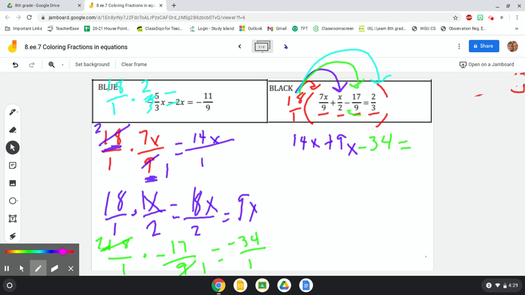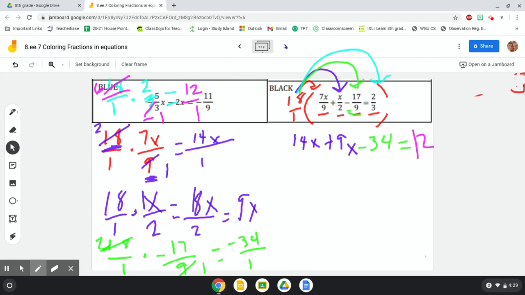So 18 and 3, when I'm looking at these two here, they can both be divided by 3. So that gives me 6 when I divide by 3, and 3 divided by 3 just gives me 1. So now 6 times 2, I can multiply straight across and say that's 12. And then 1 times 1 gives me 1. So I have 12 over 1, or just 12.